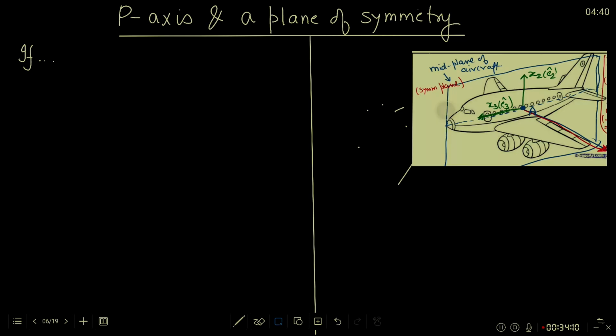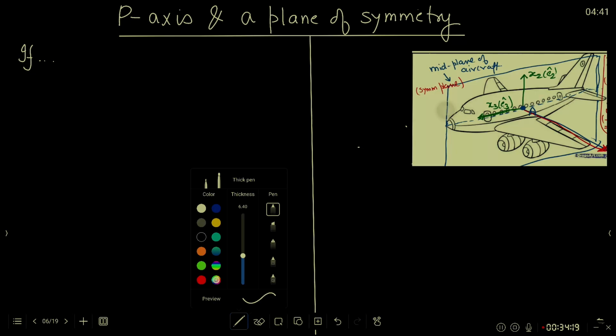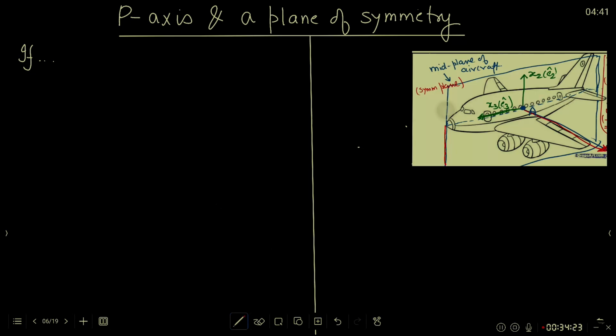Now I have shown a plane on this figure. I have tried to show a plane. Okay. What is this plane?